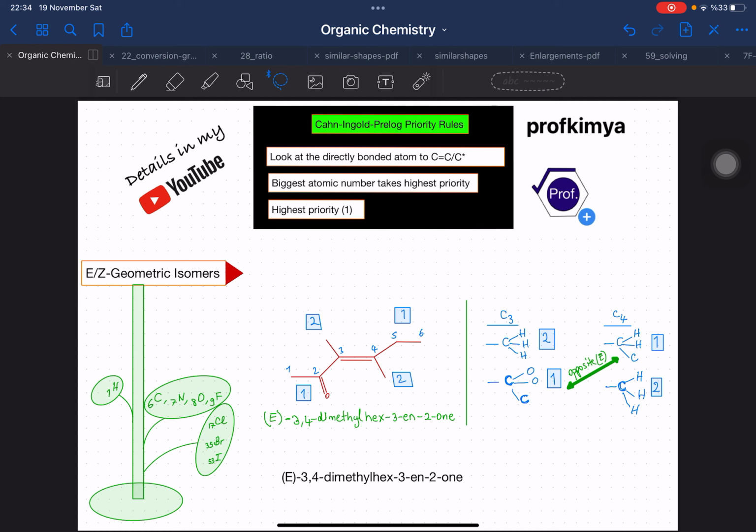So that is the name of this molecule. That's it. In this video lesson, we have learned how to determine EZ configuration of alkenes.